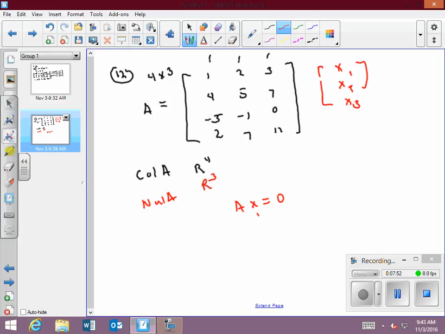When you do x1 vector, x, whatever it was, those vectors would be the null of A. Does that make sense at all?